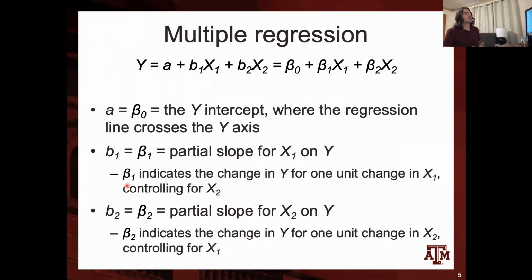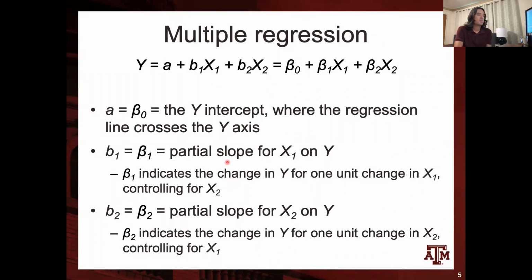And when we are talking about this multiple regression, this is the same notation as we had before. Beta 0 is the y-intercept, where the regression line crosses the y-axis. In this example, when x1 and x2 equal 0, all this portion of the equation will equal 0, and y will equal beta 0.